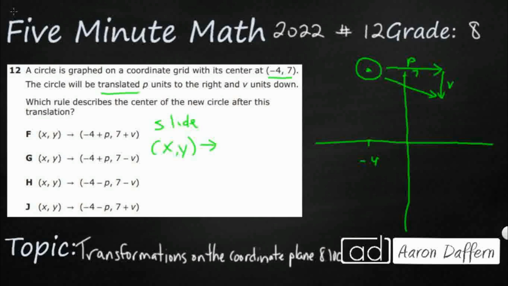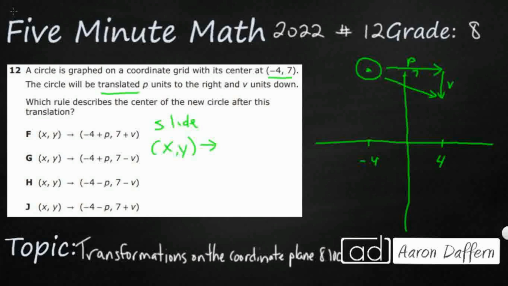So what happens to our p? Well, let's just guesstimate where we think our new center is. This p kind of moved us over, so our new center is probably, I would say, +4. So how do we get from -4 to +4? How do we move to the right?